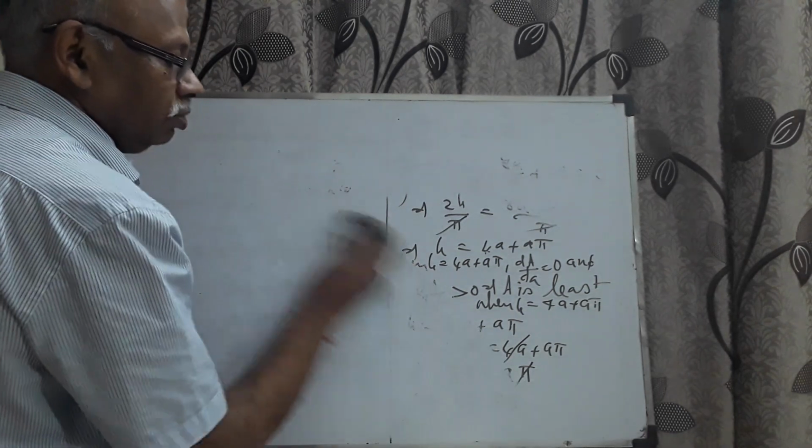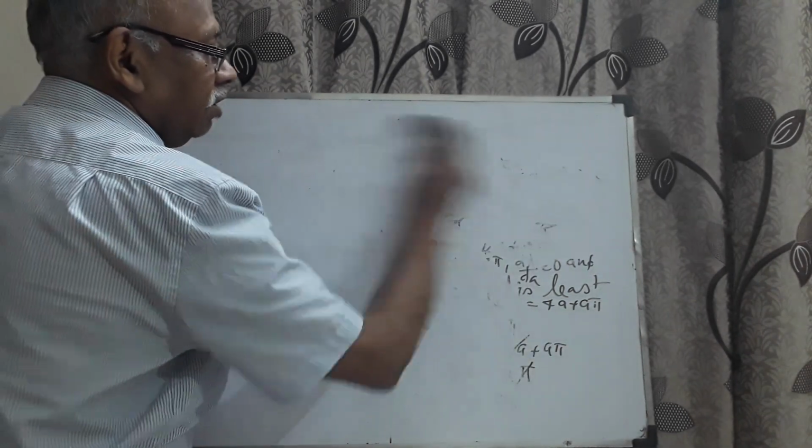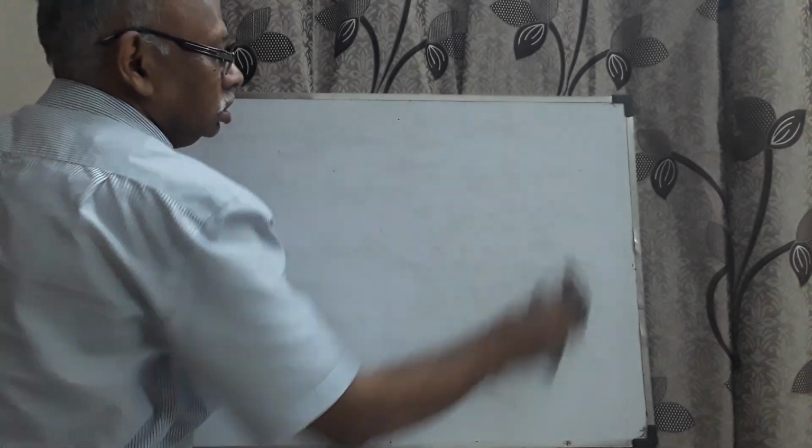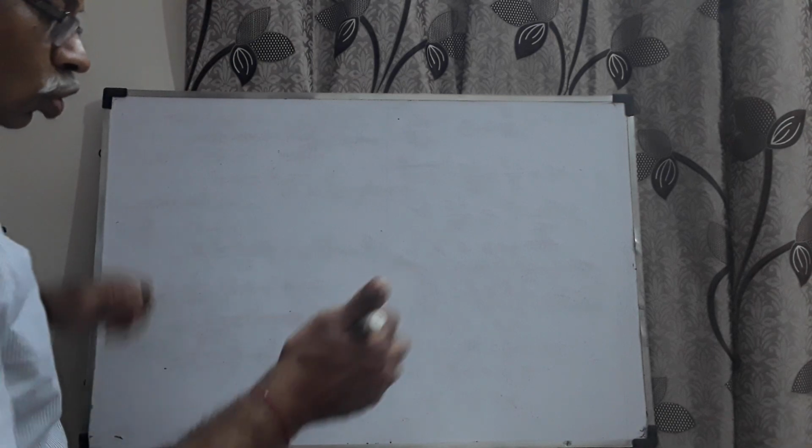For local maximum, first derivative should be 0, second derivative should be negative. You may be asked about curved surface area to be minimum, total surface area to be maximum, volume to be maximum, volume to be minimum. Accordingly, you proceed with the problem. Therefore, it's only an example. The rest you can think over.